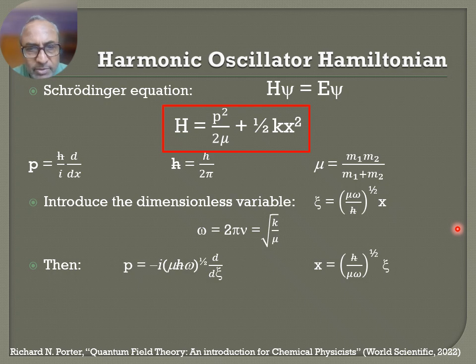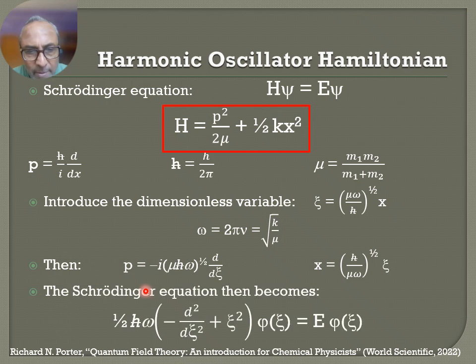In terms of this dimensionless variable, then P equals minus I times square root of mu omega h cross d/dξ, and x equals square root of h cross by mu omega times ξ. And then the Schrödinger equation in terms of this dimensionless variable becomes half h cross omega times minus d squared by dξ squared plus ξ squared operating on phi of ξ equals E times phi of ξ.